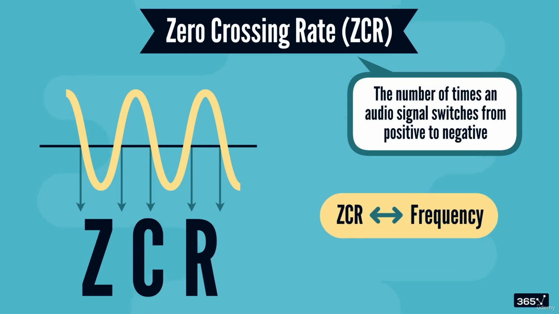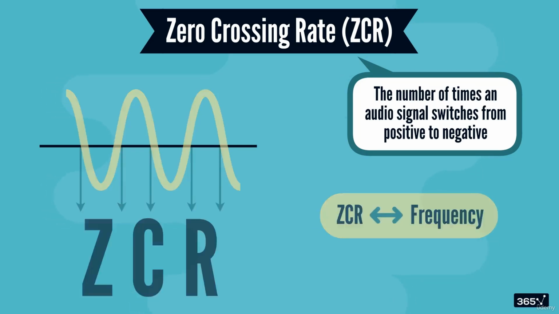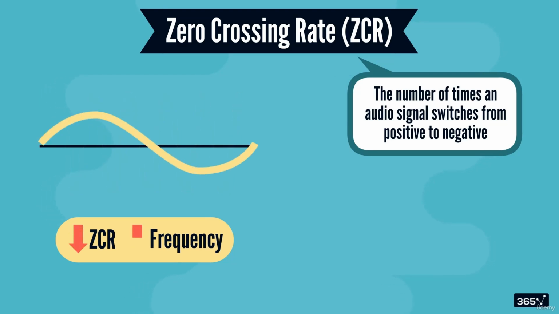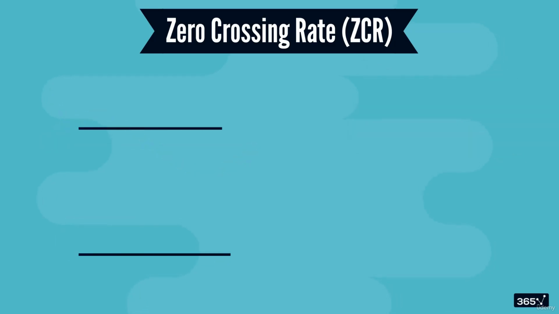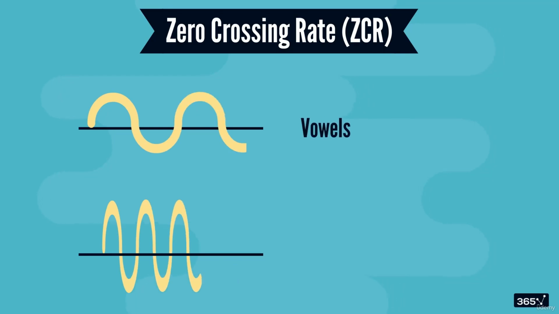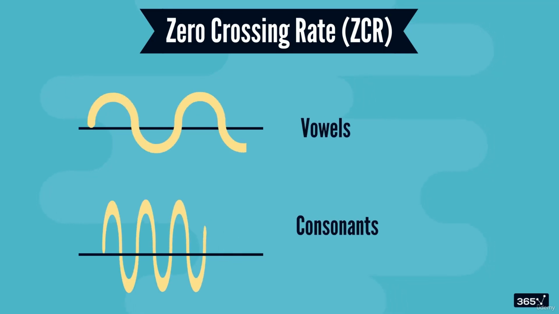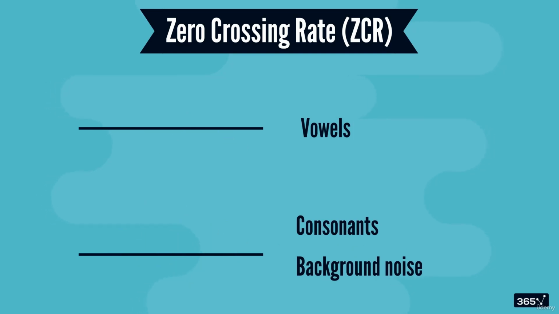ZCR is directly related to the frequency of a sound. A high ZCR means the sound crosses the zero line frequently, indicating high frequency, while a low ZCR shows fewer crossings, which is typical for lower frequency sounds. In speech recognition, ZCR distinguishes between voiced sounds, like vowels with low ZCR, and unvoiced sounds, such as consonants or background noise with high ZCR.